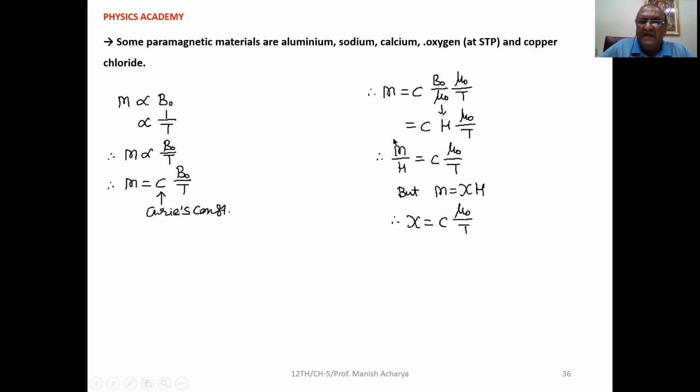Now take this H to the left hand side. So M by H is C mu 0 by T. But M is chi H, so M by H is chi. So chi is C mu 0 by T. Clear up to this?